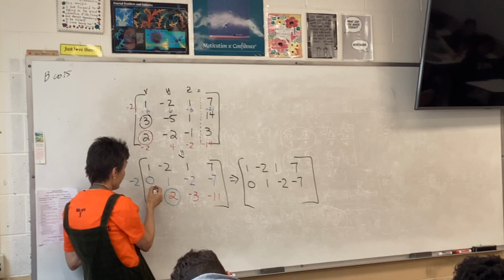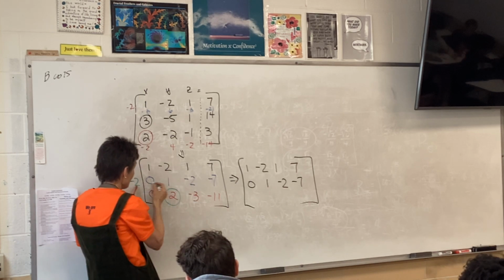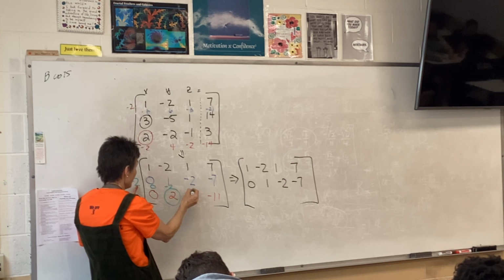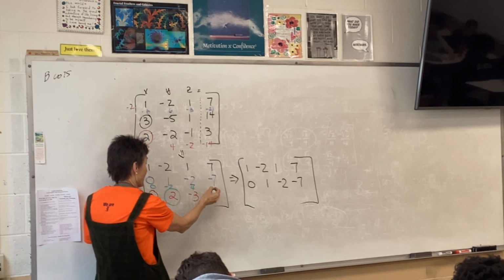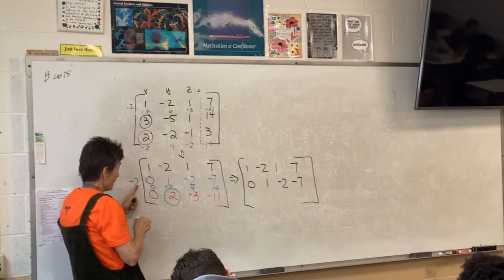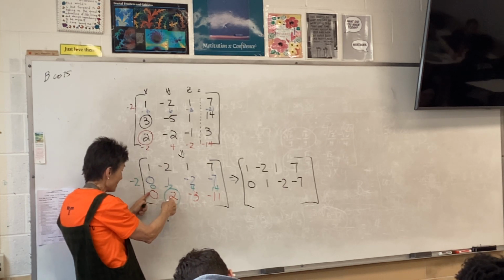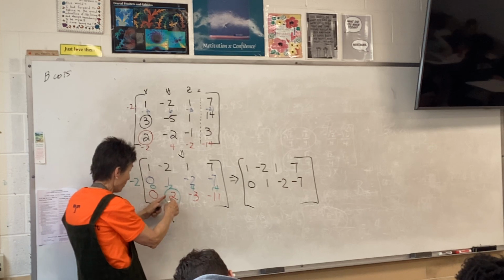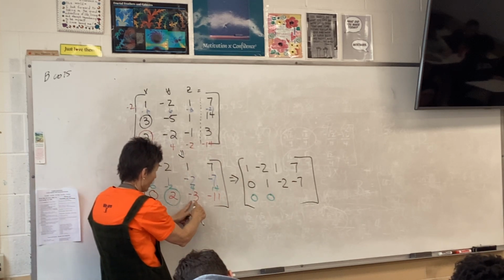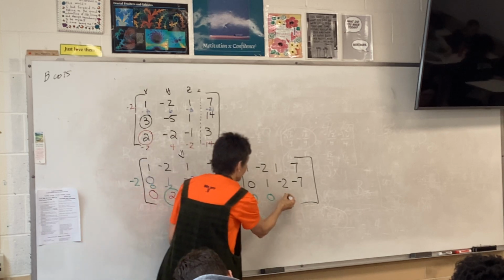And then it will become this row by -2: 0, -2, 4, and 14. Now I'm going to add it to get that 0. So that's going to give me 0, 0, 1, 3.